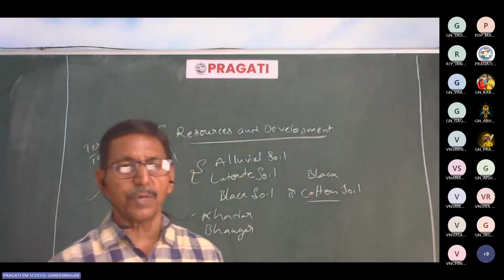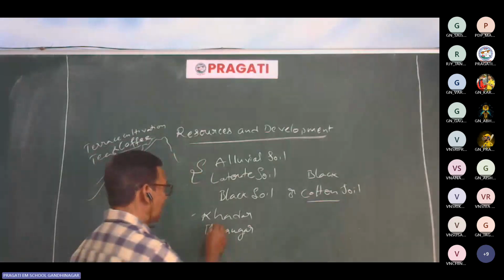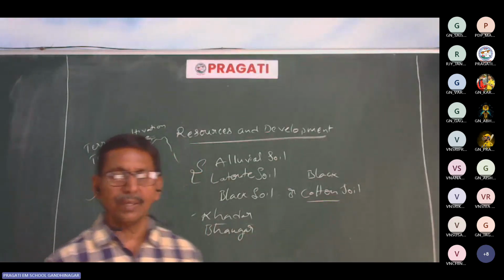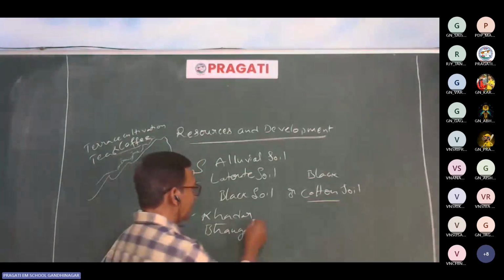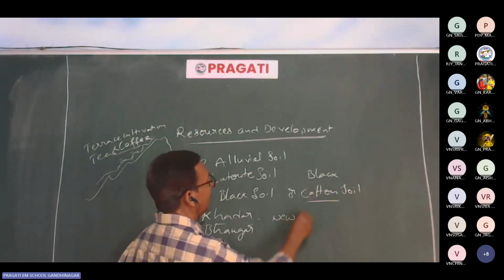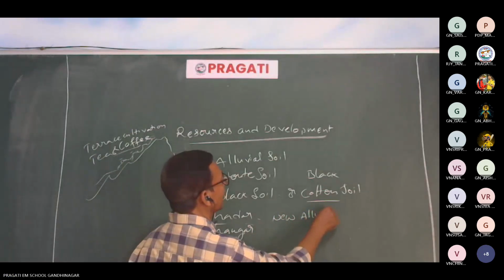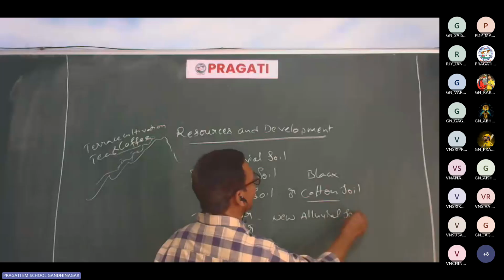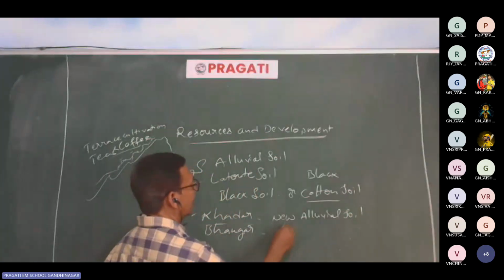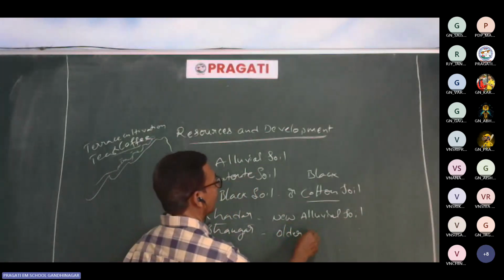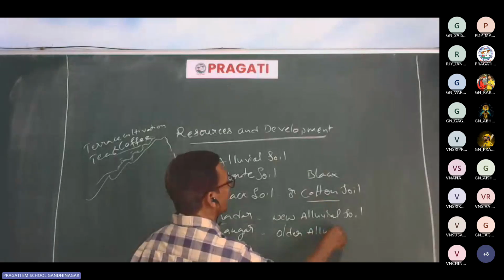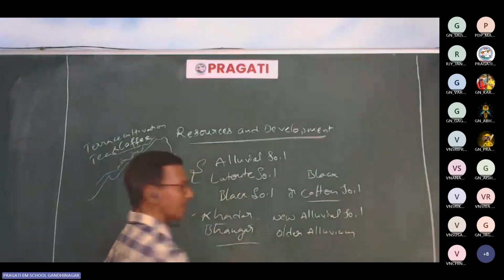It is deposited at the foothills of the Himalayan mountains. Newly formed soil is called new alluvial soil, and this is called khadar soil. Whereas the old alluvial soil, old alluvium, is called bhangar.